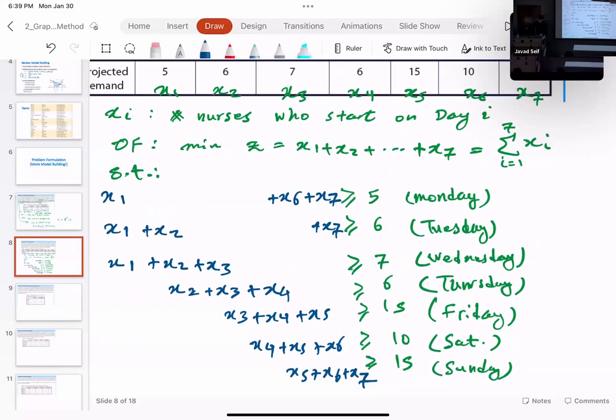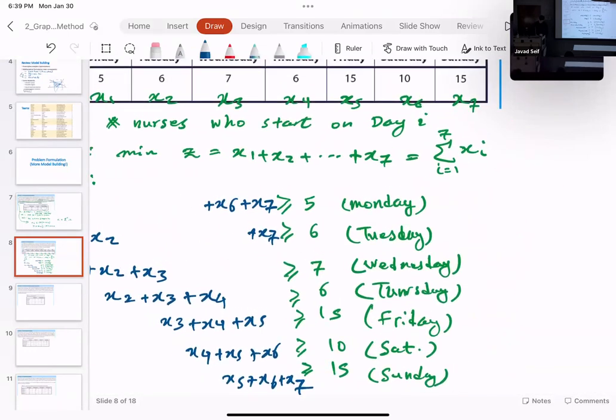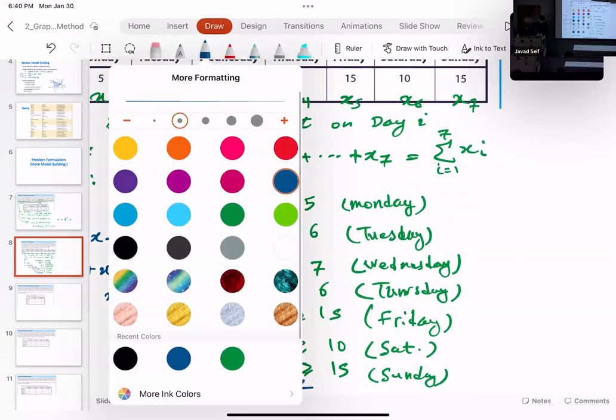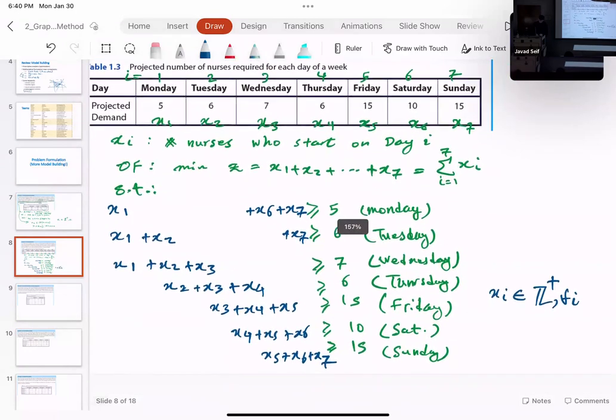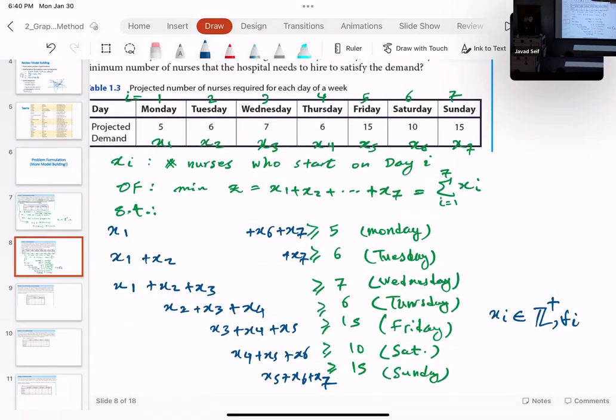Again, I have to make sure that xi is integer and positive for all i. How many constraints do I have? 7 here.